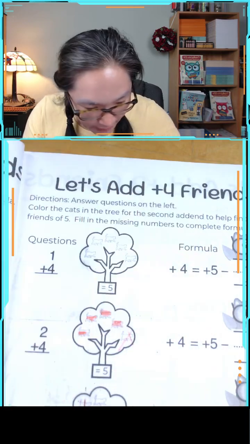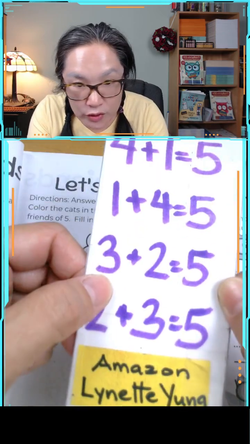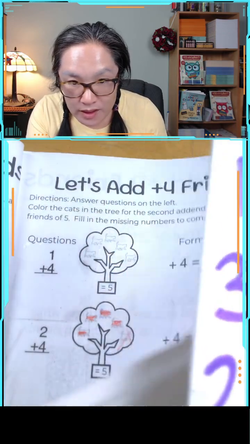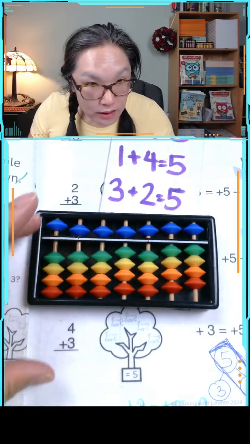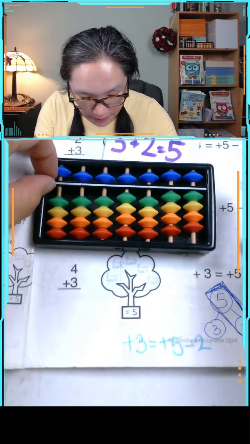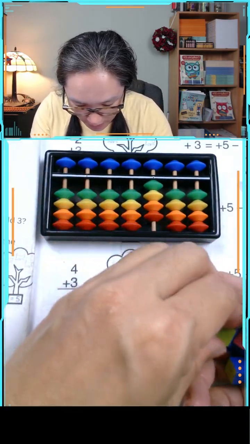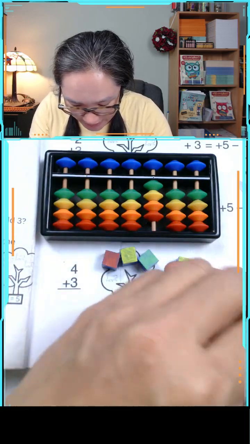So we could do it again. There's a whole set. We know how to do the 4, we could do the 3. After doing the 3, you do the 2. After you do the 2, you do the 1. Does that make sense? So we have 4 on the abacus. I want to add 3. How do you add a 3? I need to make a 5.